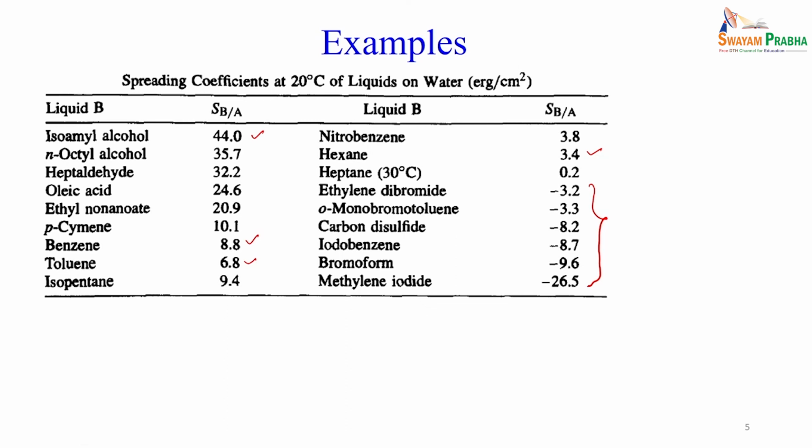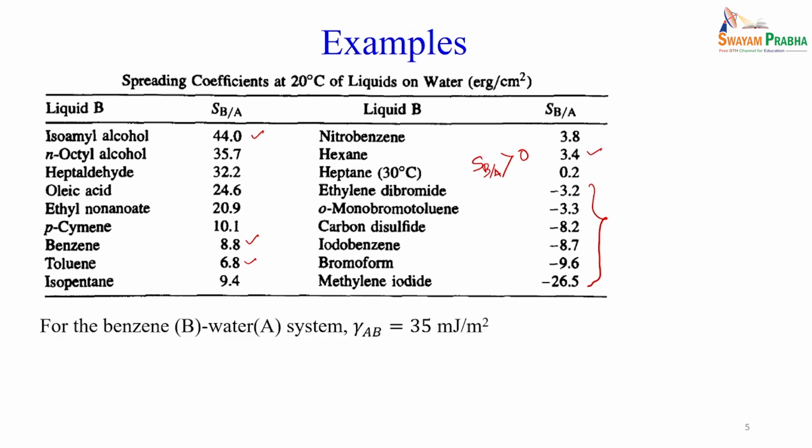What does it mean? A negative spreading coefficient means there will be no wetting. So from hexane up to the higher alcohols, they will spread on the water, but for those where you get a negative value, they will not. If you want spreading, the value of S B/A should be greater than 0. If it is less than 0, there will be no spreading.